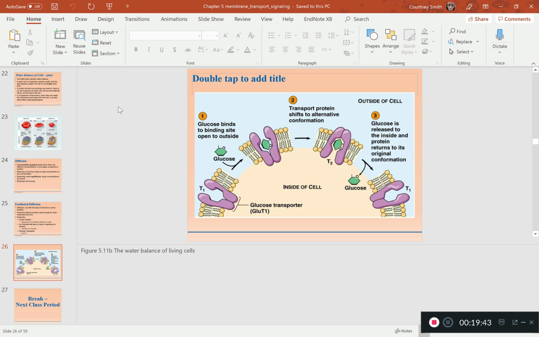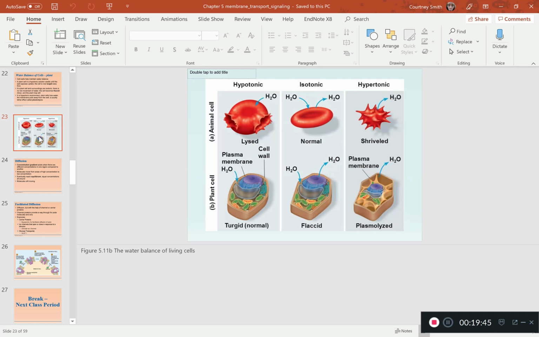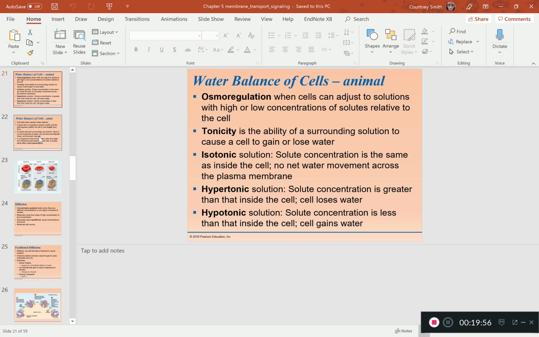Okay, now real quick, you definitely need to know the differences between hypotonic, isotonic, and hypertonic solutions. I'm going to go back 2 more slides. In a hypertonic solution, the cell will lose water, so water goes from inside the cell to the outside.